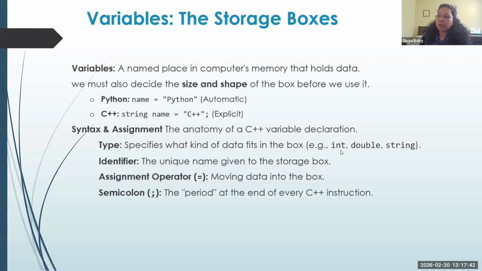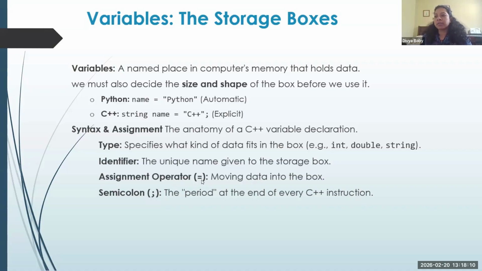Based on what kind of data you are going to put in memory, it will allocate different sizes of locations. An int needs a lesser amount of space than a double, and for a string, based on the length of the string, you need more space. So you have to declare what type it is. Then next is the name, that is the identifier. That is the name you are going to give to your variable.